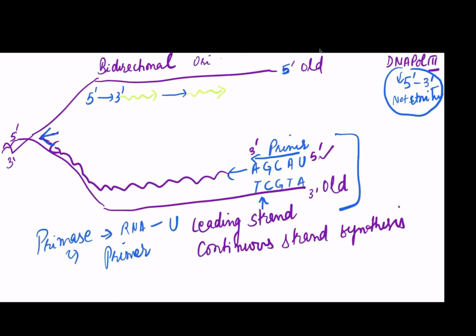Like, that's how they start. They need multiple primers to do the synthesis. So this is known as discontinuous. They also call it lagging. They also call it Okazaki fragments.